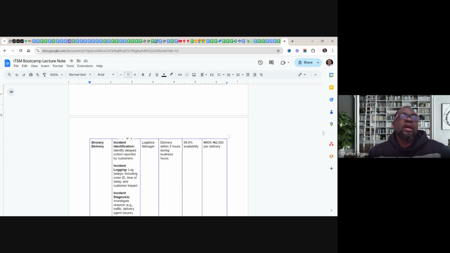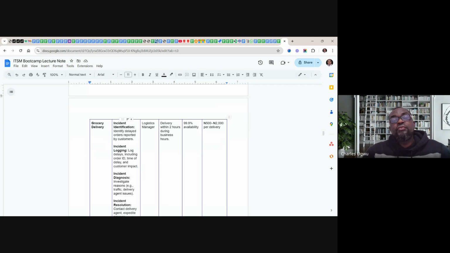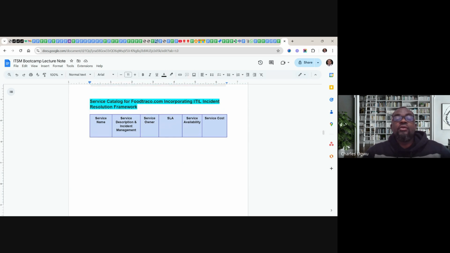Some incidents can be bigger than them, and in a situation like that, the incident needs to be escalated to the next level. So that is it. We're going to capture full ITIL incident management in full scale, but this is to give us an overview of how we're going to build this.